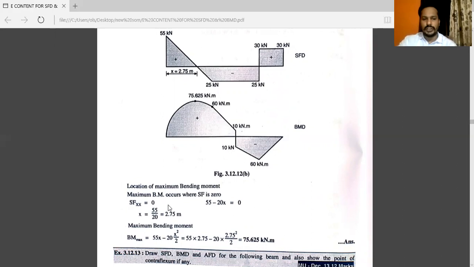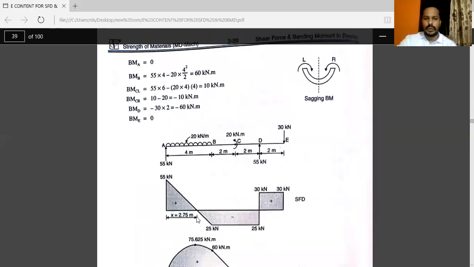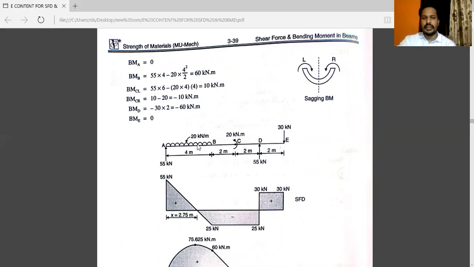And where the shear force is equal to 0, at that point, the maximum bending moment occurs. So you can take this point here and you can calculate the maximum bending moment. We have x distance.